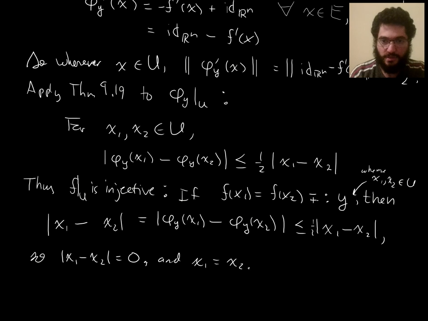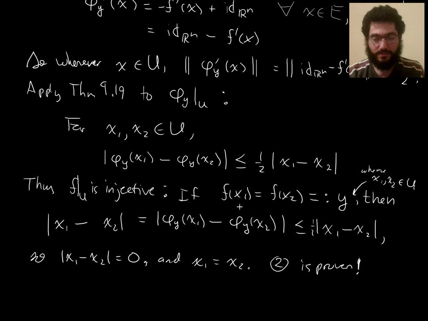And that's injectivity, right? So if x1 and x2 are in the set U, then f x1 equals f x2 gives you x1 equals x2. And 2 is now proven. So we have not yet used the contraction mapping theorem. We just used an idea from the proof of it, which is the uniqueness aspect of it.